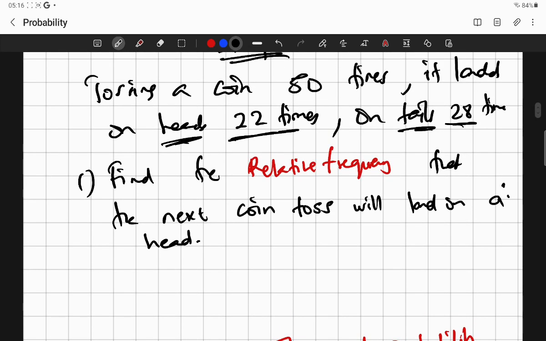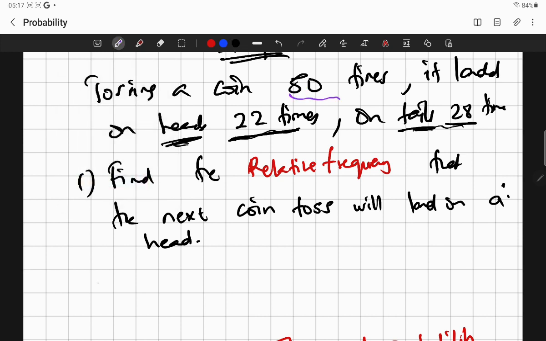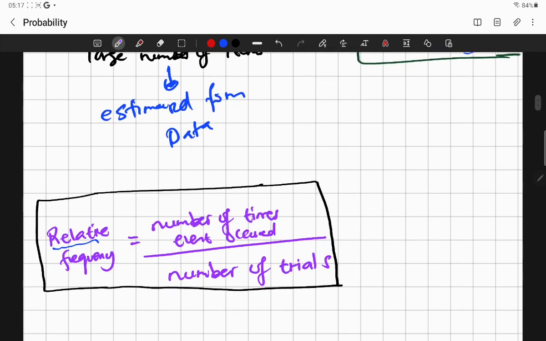So here we had an experiment. We flipped the coin 50 times, and then we got 22 times it was heads, 28 times it was tails. Now the question says find the relative frequency that the next coin toss will land on a head. So we know that relative frequency looks at an experiment. So there was an experiment here, we're gonna use this. So relative frequency for heads: number of times the event occurred.